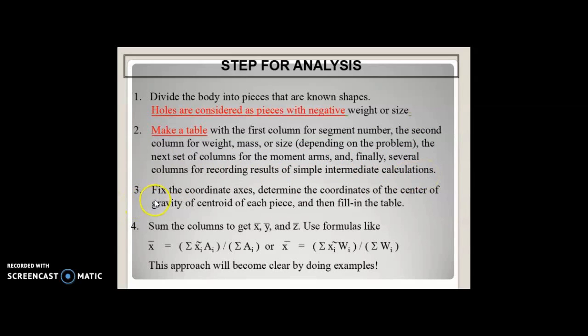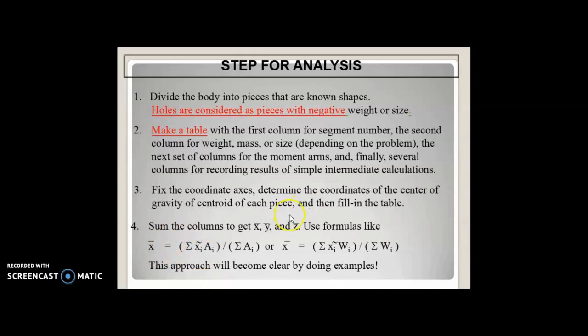The third one is to fix the coordinate axes and then determine the coordinates of the center of gravity or centroid of each piece, and fill in the table. The last one is to sum the columns to get x bar, y bar, and z bar, using a formula like this.